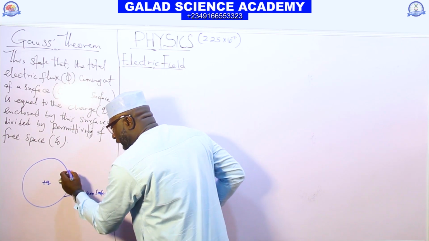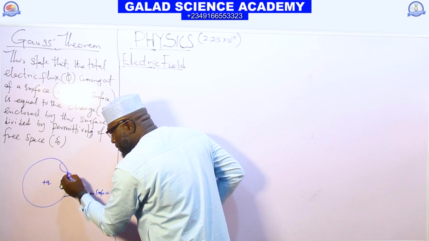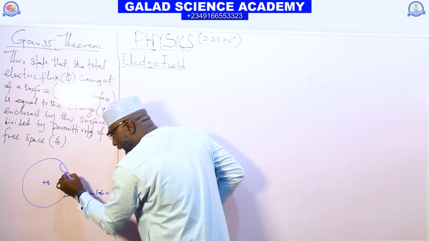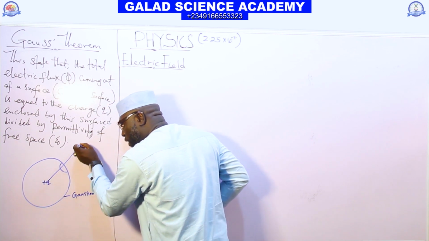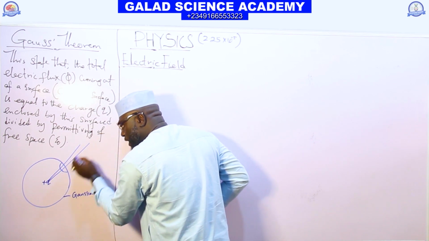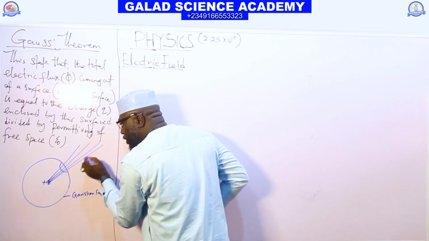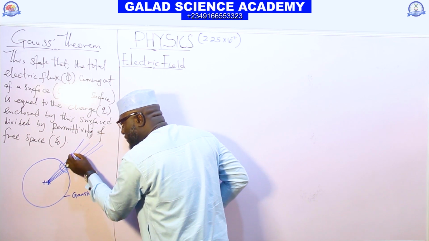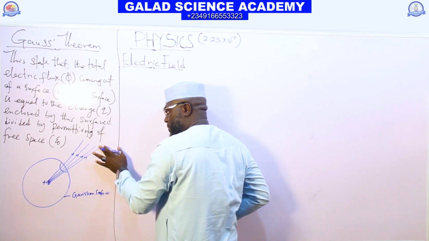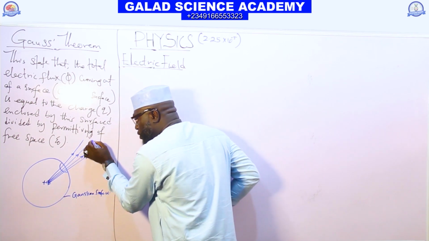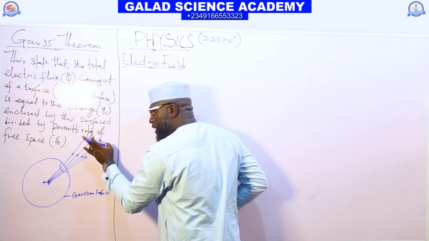Assume that I'm trying to consider this small area here. If I cut this small area out, you will observe that the charge here will release the field, the electric field. So this electric field that is coming out from this side is what we call the field intensity.